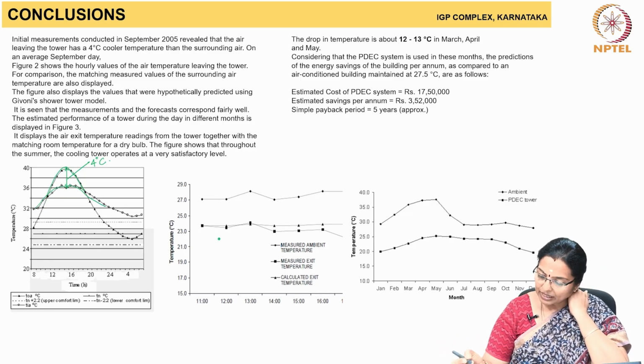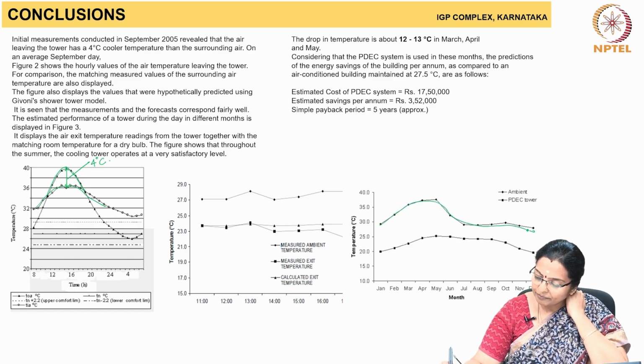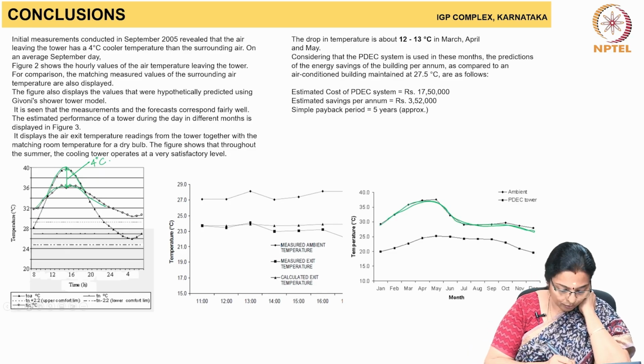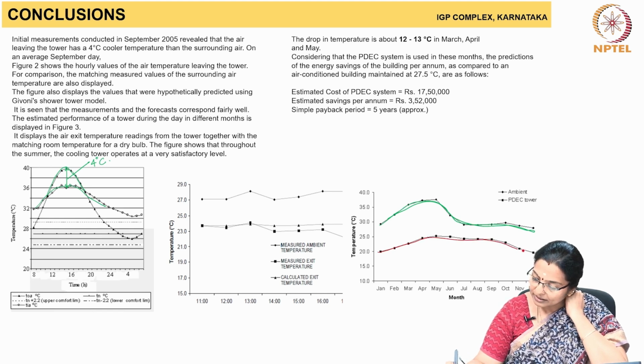Also, you can see what happens in the other months. So, if this is the ambient temperature, the temperature of air from the passive downdraft cooling is sometimes, depending on the month, 10 degrees to 15 degrees lower.